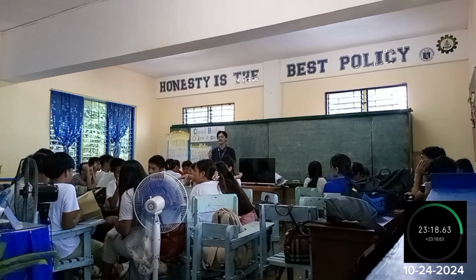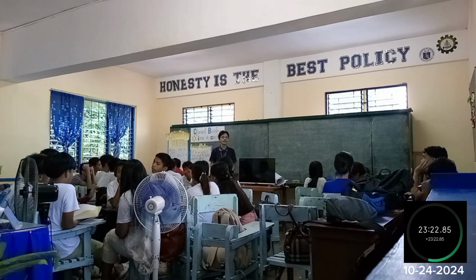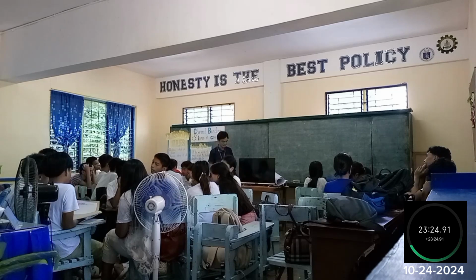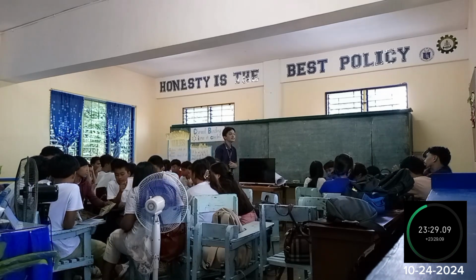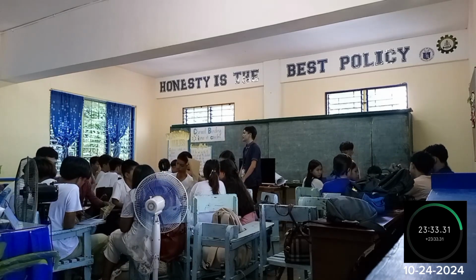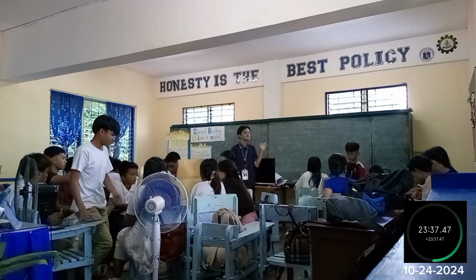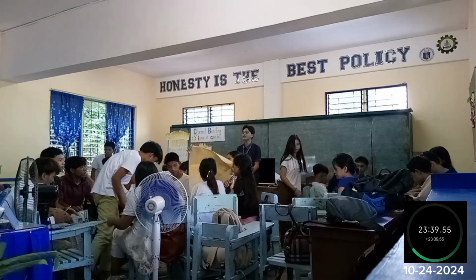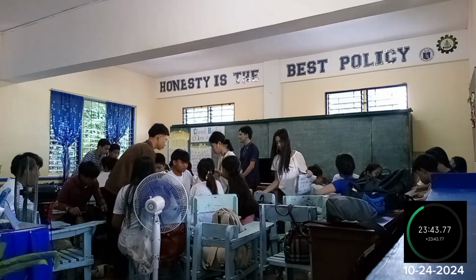If you don't have a calculator, you may use your cell phone, but only for the purpose of calculating the values. Alright, you will be given 6 minutes to complete your activity. For those who will be posting their output earlier than 6 minutes, I will be giving additional points. You may now start quietly.